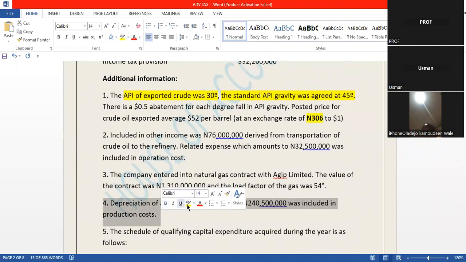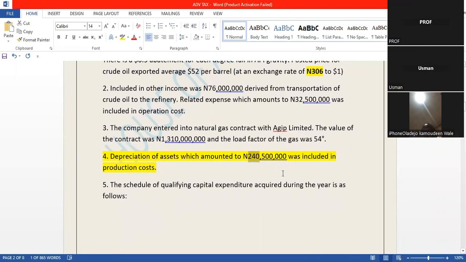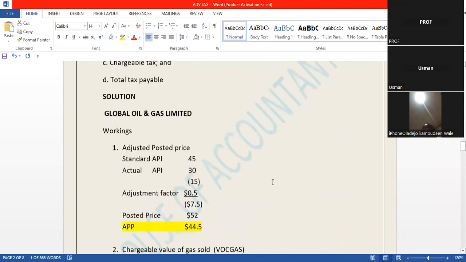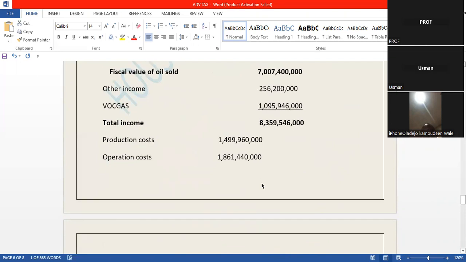They said depreciation of assets which amounted to this figure was included in the production cost, which is not supposed to be. So we are going to remove 240,500 from that figure. So if we remove 240,500 from that figure, what do we have as balance?